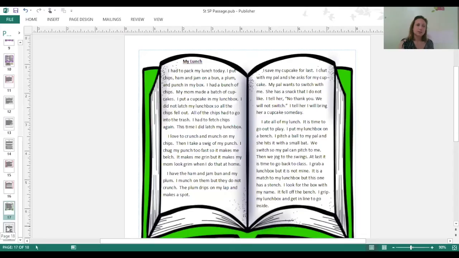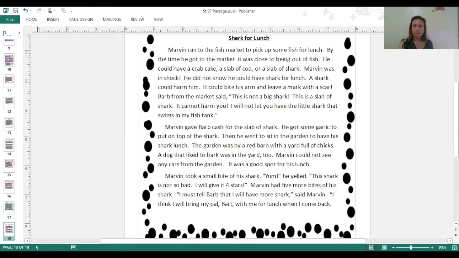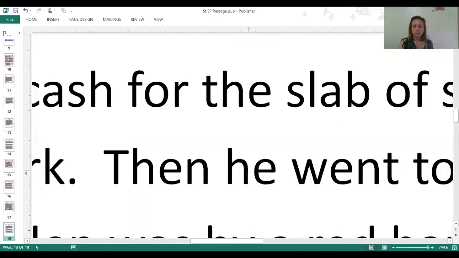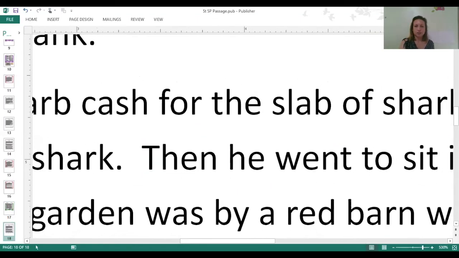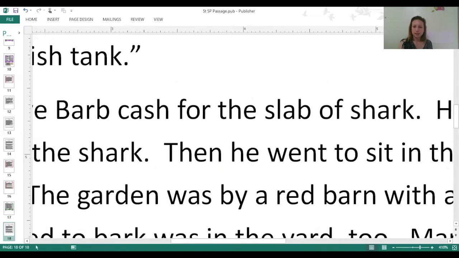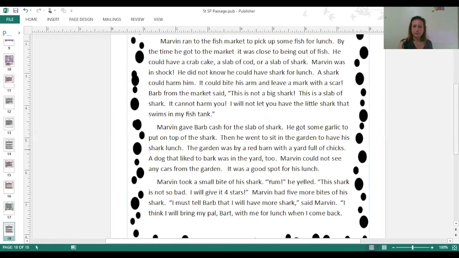So I'm going to share our passages with you. We started a passage last time called Shark for Lunch. So, Shark for Lunch, as you read, I want you to think about who the characters are.